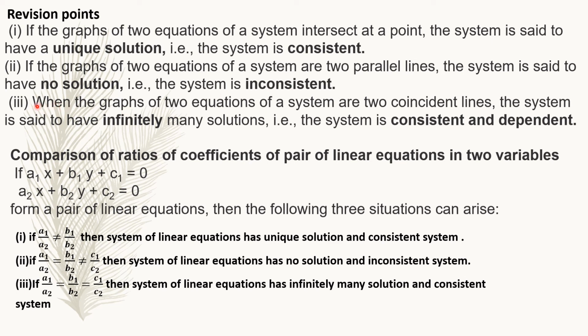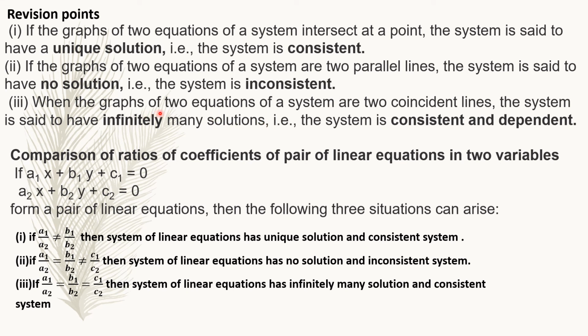Now let us come to the third point. When the graphs of two equations of a system are two coincident lines, meaning two overlapping lines, in that case the system of equations is said to have infinitely many solutions. What does this mean?